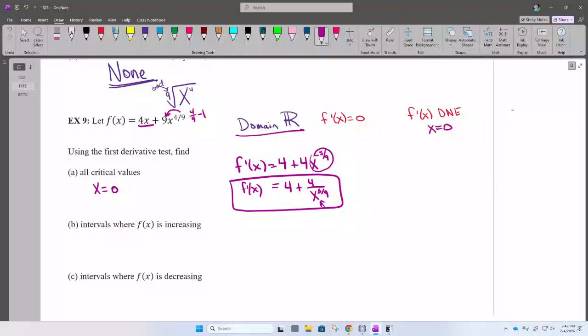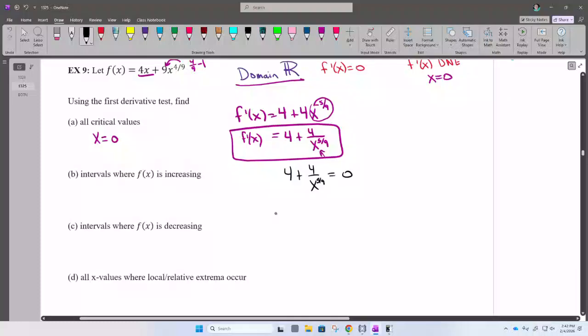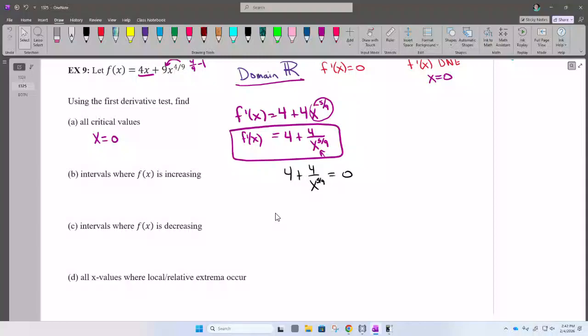I also need to check where does this derivative equal 0. So I'm going to set this derivative equal to 0. You can solve this many different ways. The way I prefer to solve it is I really dislike denominators. So I'm going to multiply every term by the denominator to get rid of it.